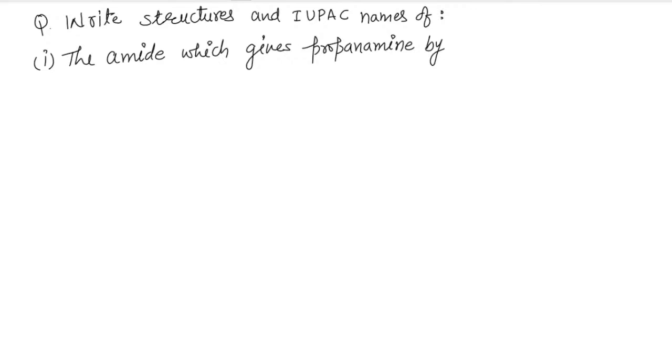Tell me, which method is used to descend the series, to decrease the carbon by 1? To increase we use KCN, and to decrease, Hofmann bromide degradation.